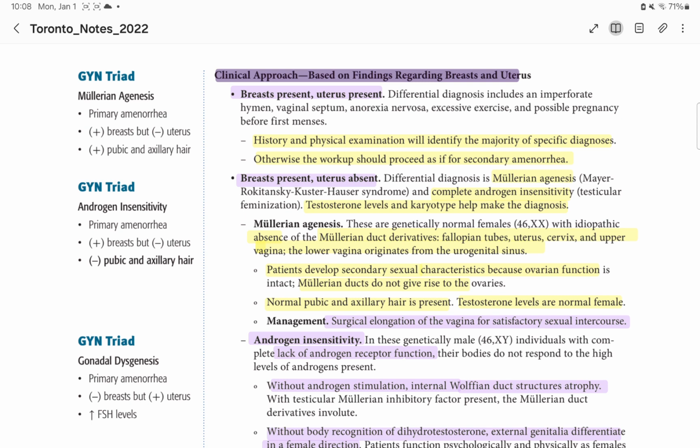There are testicles, but the patient doesn't have any receptor to respond to the hormones and to make the secondary characteristics of the male. That's why it's a problem, and we have to remove the testicle because of the risk of cancer.